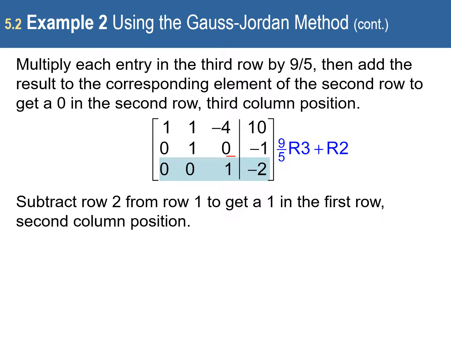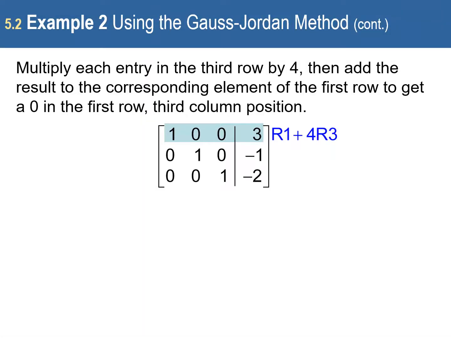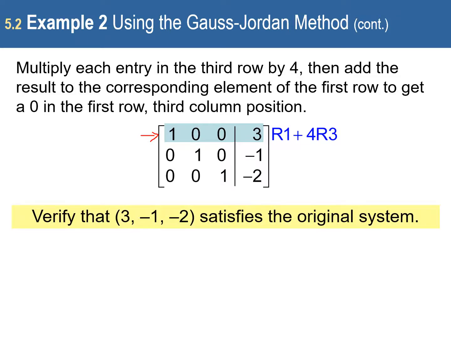Next, I'm going to subtract row 2 from row 1 and put it in row 1. Next, I'm going to multiply R3 by 4 and add it to R1. And that gives me my solution in row echelon form. So this tells me that x is 3, y is -1, and z is -2.